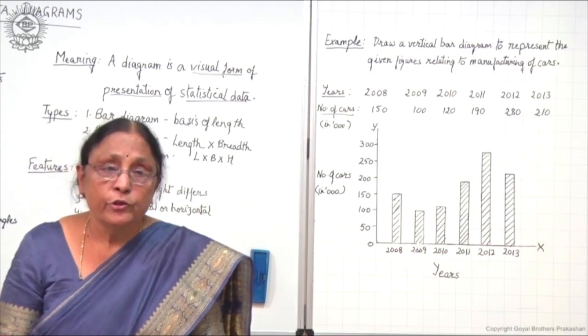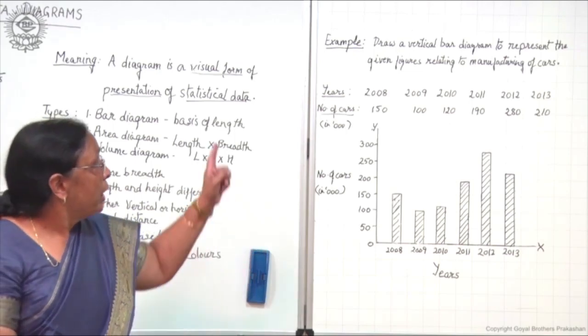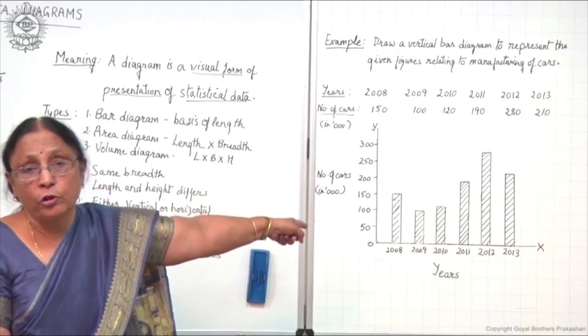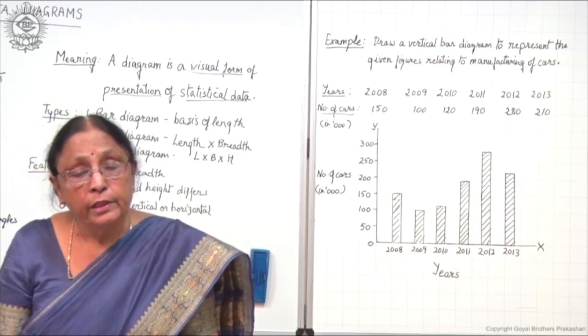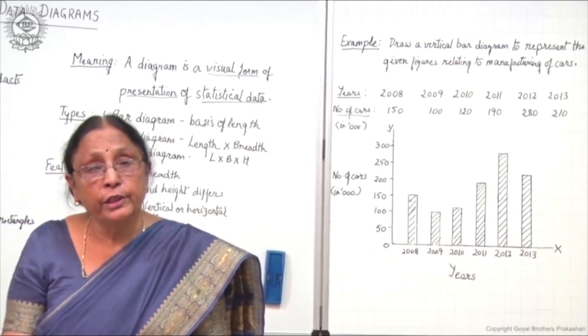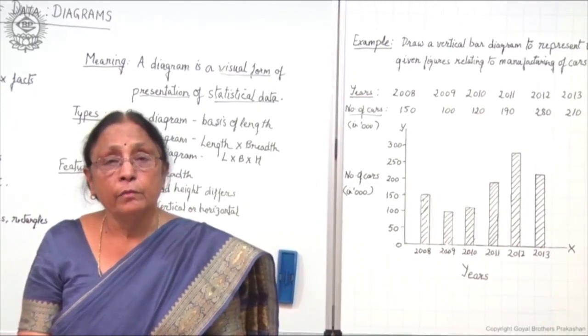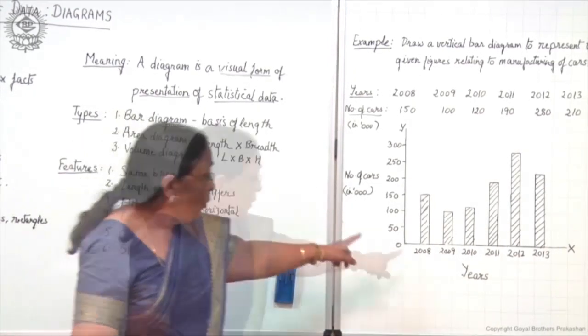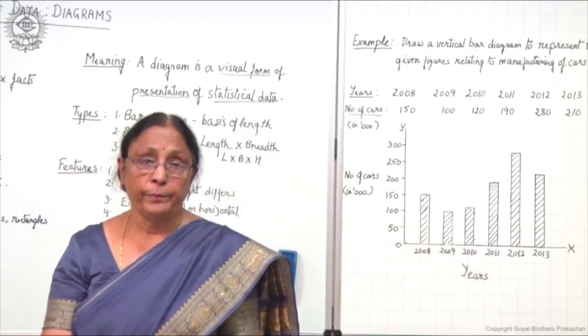Now, as I told you, this is known as simple bar diagram, which can be drawn either vertically as it is drawn here, or it can be drawn horizontally. When only one bar is showing the data, one bar for each variable, then this is known as simple bar.